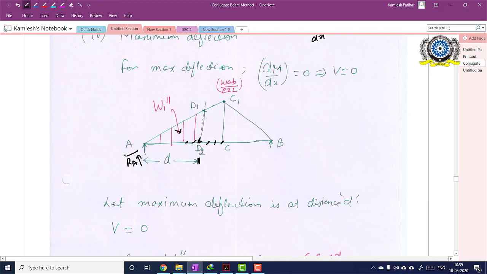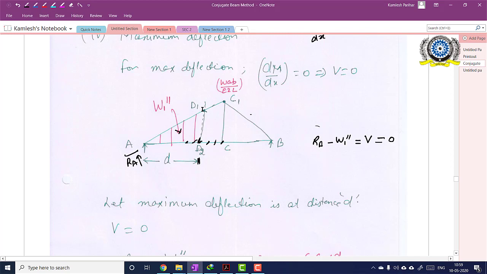So the shear force is RA minus W1 double dash. This will be my shear force V, and this has to be 0. It means this should be equal to 0. So the same I have done.